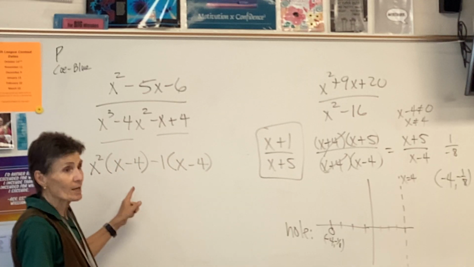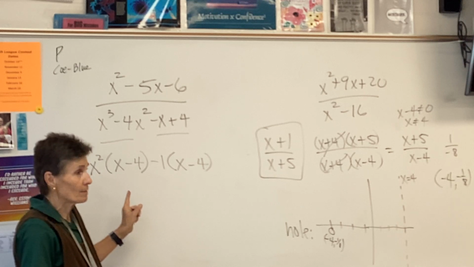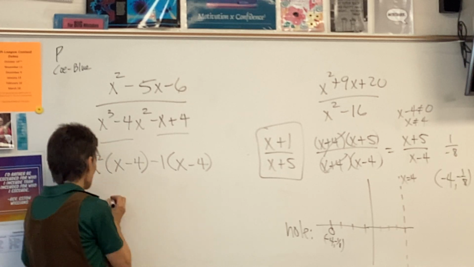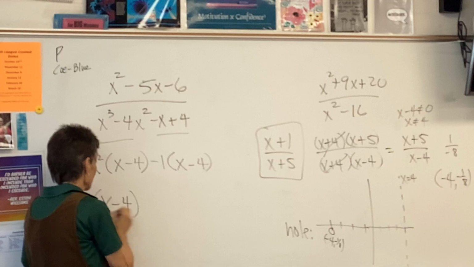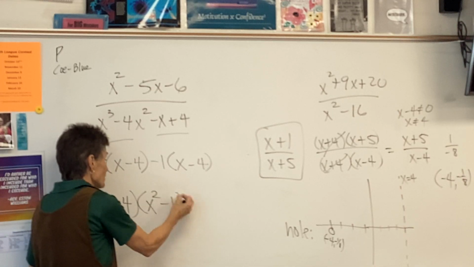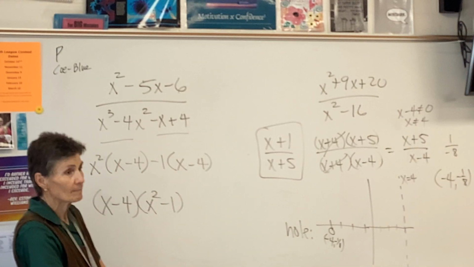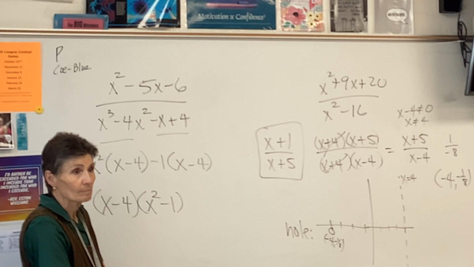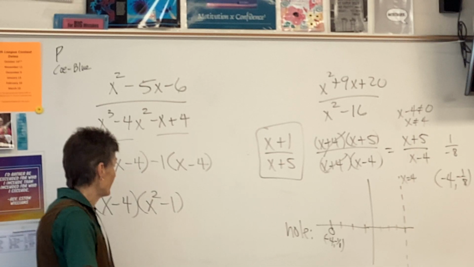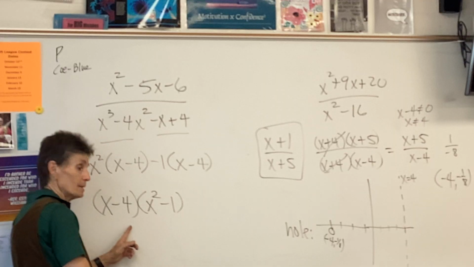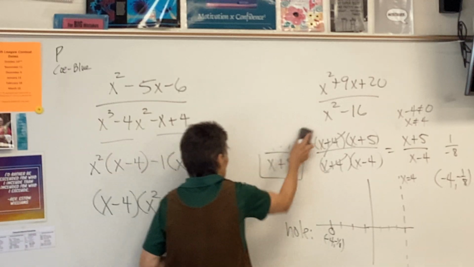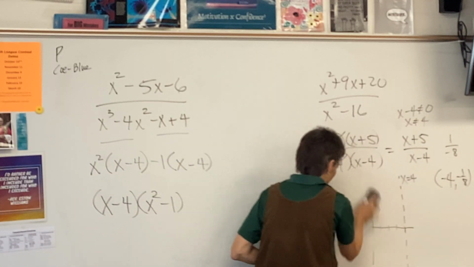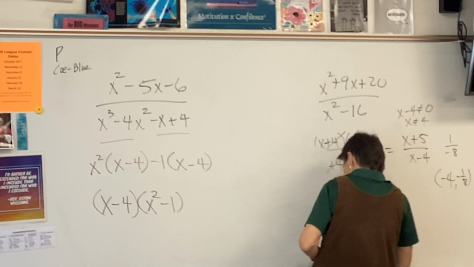Now that's just the bottom, I'm just working on the bottom now. So there's my common factor, x squared minus 1, and then you notice anything? X squared minus 1 is x minus 1, x plus 1. Yep.